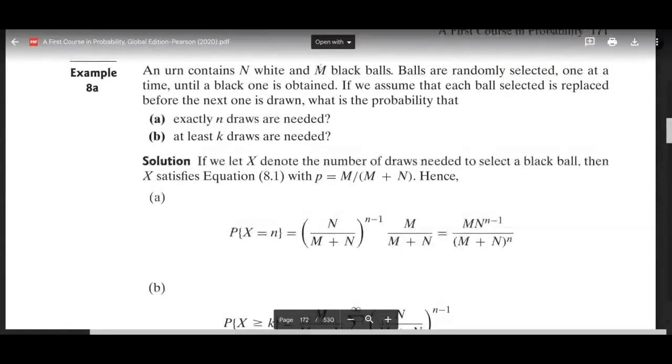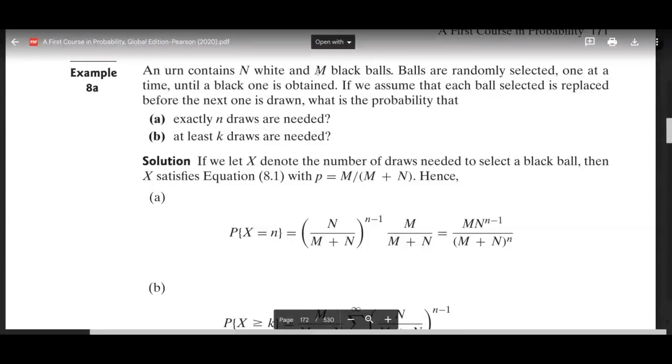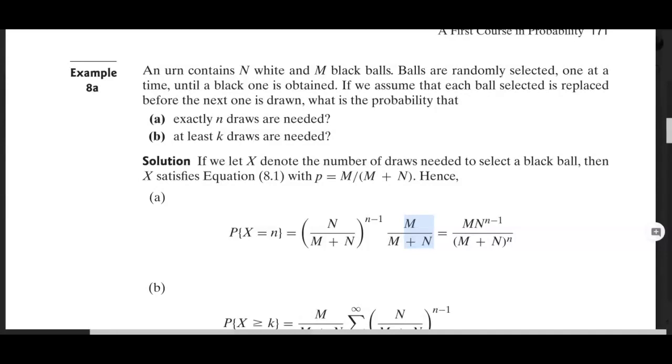We have m black ones, and in total we have n plus m balls. So the probability of getting a black one is m divided by m plus n. So this is our probability p, and 1 minus this should be this.